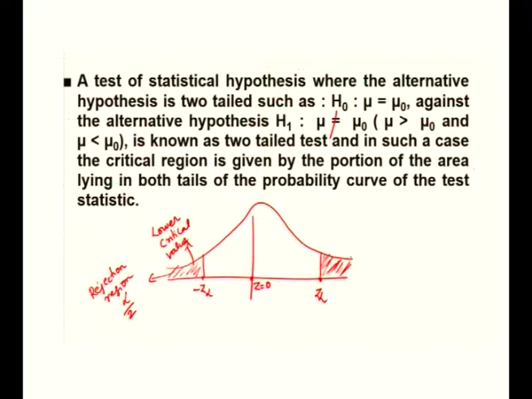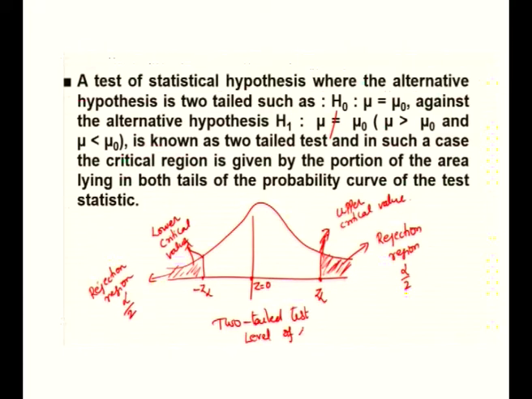One is alpha by 2 on left and alpha by 2 on right side. This particular value here is called upper critical value. Okay, and this is two-tailed test. Level of significance here also is alpha.